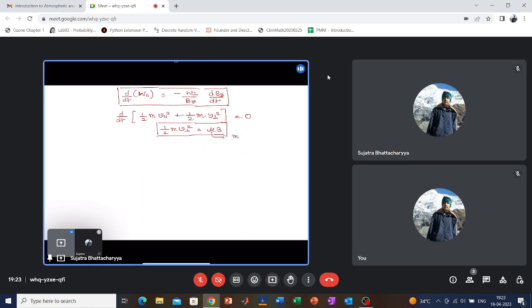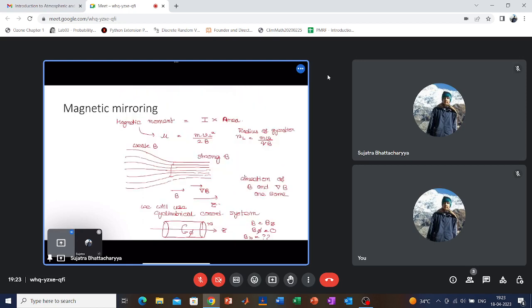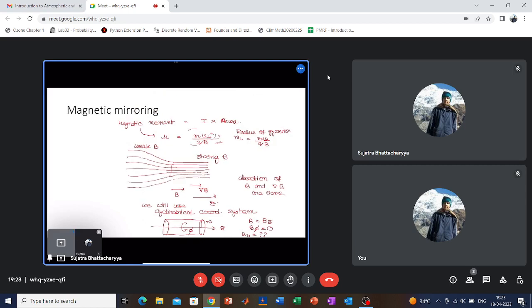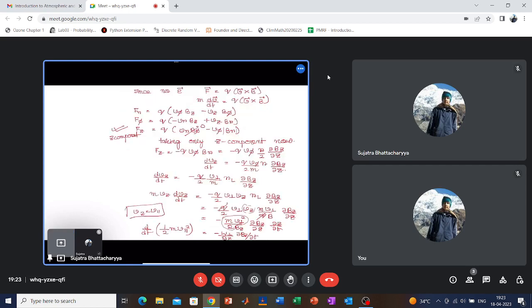This is actually from the expression of the magnetic moment that we are getting into this. Okay, the first expression which we have written, see this one. So this is the kinetic energy perpendicular, so that is mu B. Yeah, this is what we are getting.